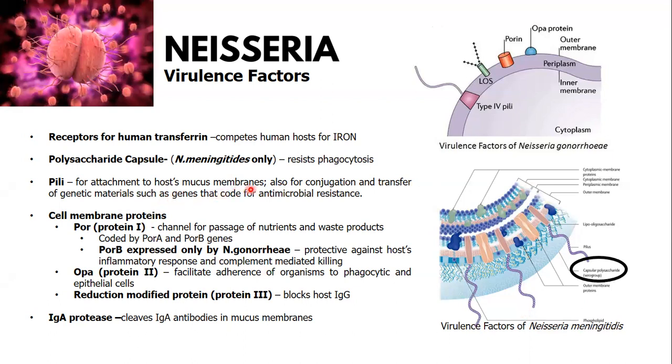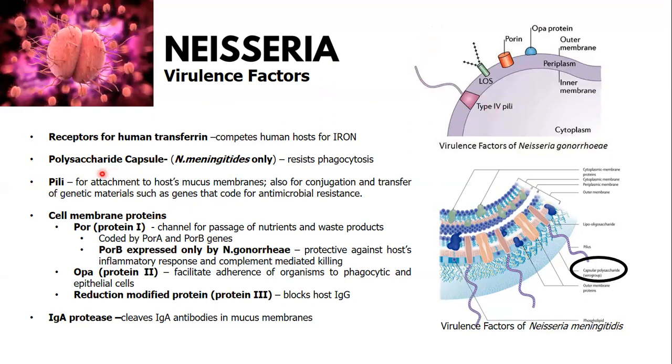So basically, they are able to colonize mucous membranes of the urogenital tract or respiratory tract because of the pili that they possess on their surface.